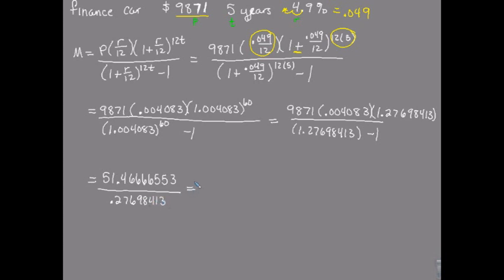Then I divide, finally, by 0.2769841. So if you were financing this car for 5 years at 4.9% interest, you'd get 185.81 would be your payment.